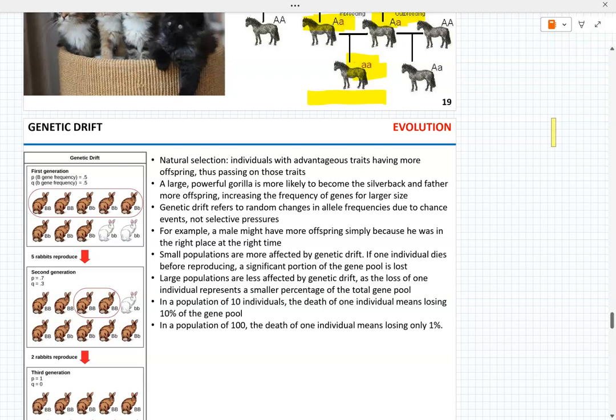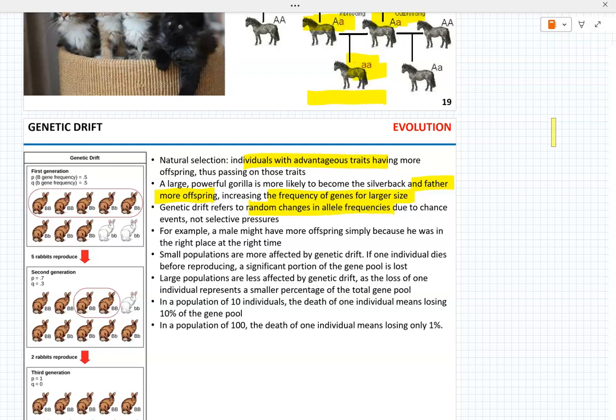So as you remember, individuals who have advantageous traits will pass those traits to the offspring more frequently. So a powerful gorilla is more likely to become a father and produce more offspring rather than a gorilla that is smaller, so that increases the frequencies of the genes for the larger size. To the contrary, genetic drift is the random change in allele frequencies in the population.